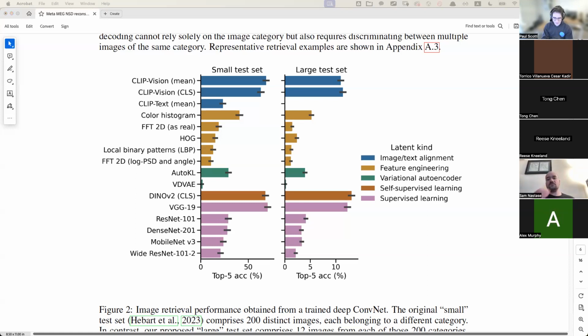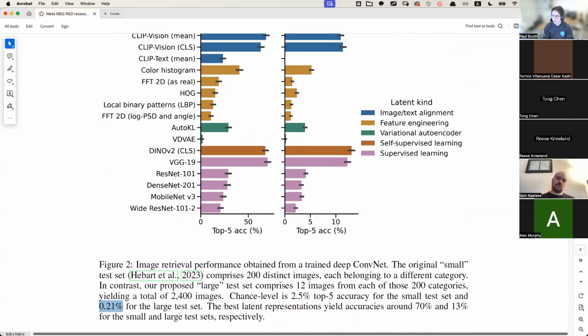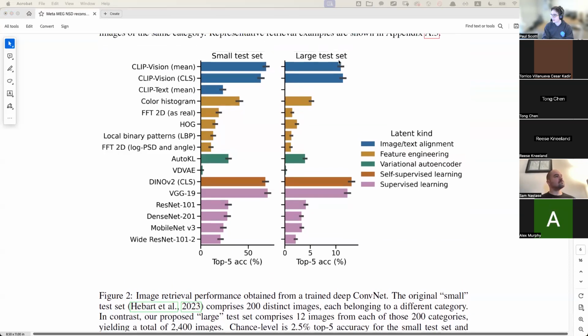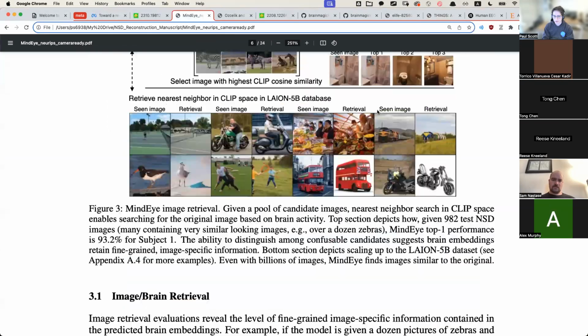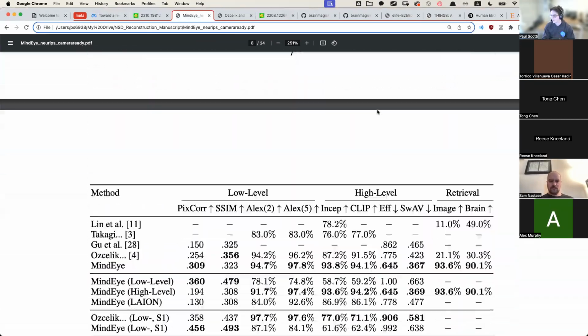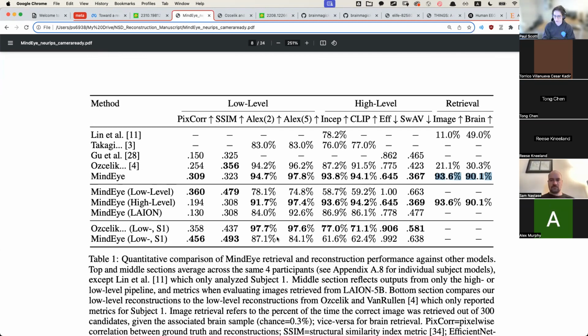And the chance performance is respectively different as well. It's 2.5% top 5 for the small test set and 0.21 for the large test set. To put this in perspective, in MindEye we have a similar chance performance for the large test set, so I think that's the better comparison to use. Purely talking about retrieval here, we can find with fMRI that retrieval is above 90%, where chance performance is 0.3.